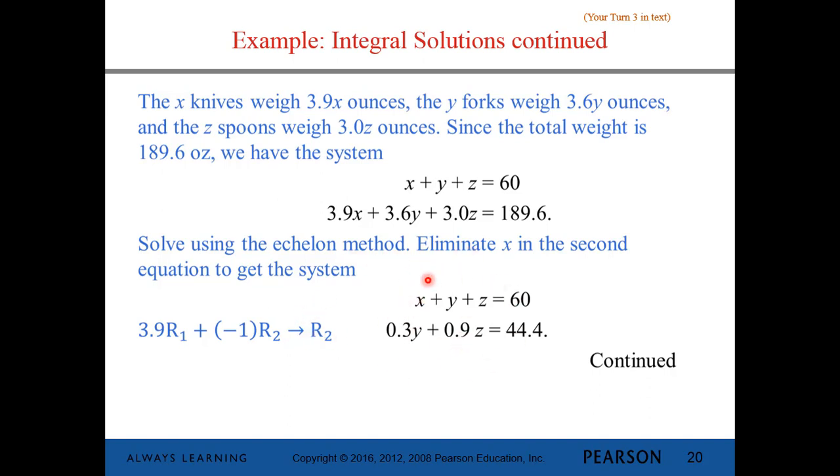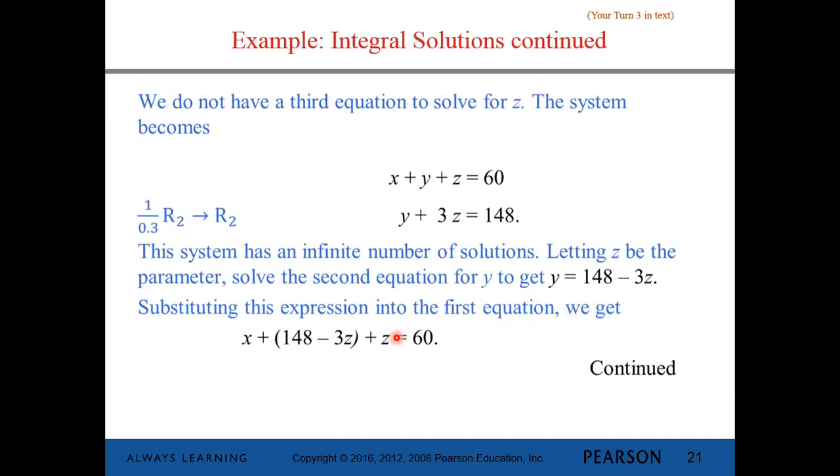So notice that row 1 was unchanged. And so now our new row 2 is this. Okay? So now what? Well, we can take this and make this into a 1 by dividing by 0.3. So if we take 1 over 0.3, row 2, and then replace row 2 with it, we get this.